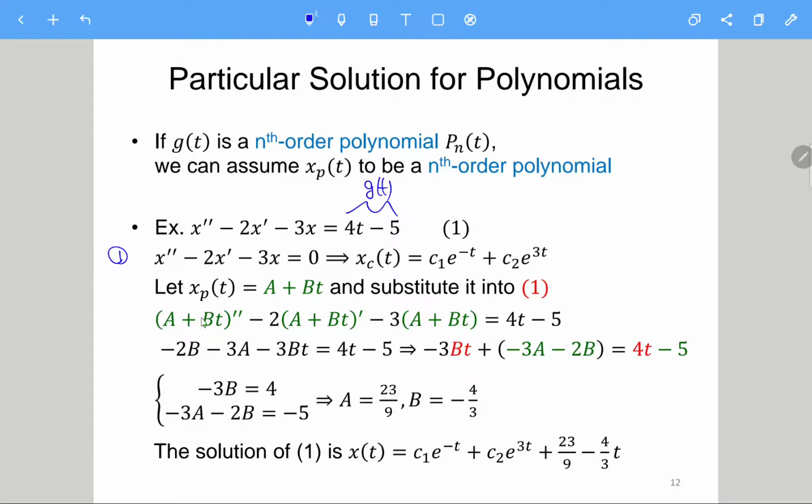This is a first order function, so the double prime will be 0. If we take the first order derivative, this one will be b, and this one will be b. And this one is itself. So we have minus 2b here, and then we have minus 3a, minus 3bt, equals 4t minus 5.